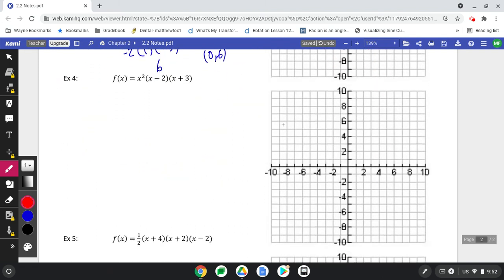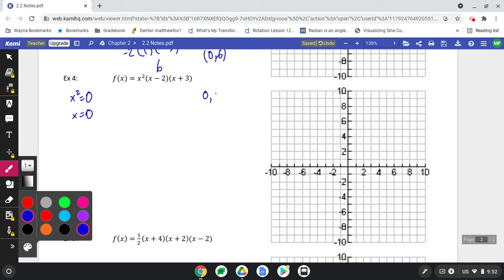Example 4 here. Once again, we are going to solve for our zeros. So each chunk, x squared equals 0. So x will equal 0. As many of you know, that means that is a y-intercept. This is a multiplicity of 2, so it will touch there. Then we do x minus 2 equals 0, so x will equal 2.